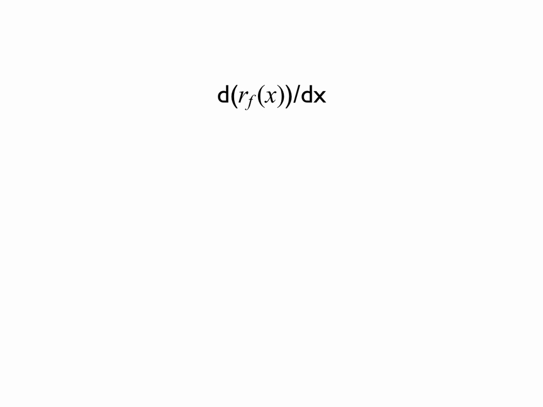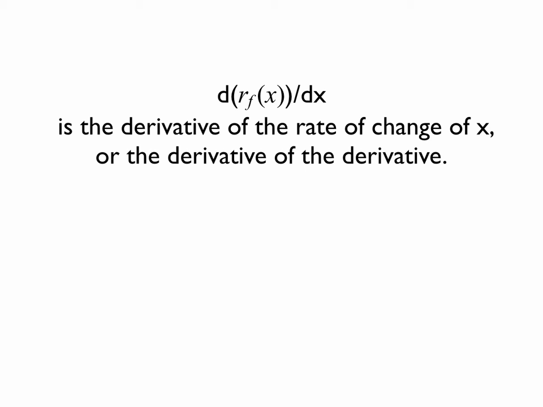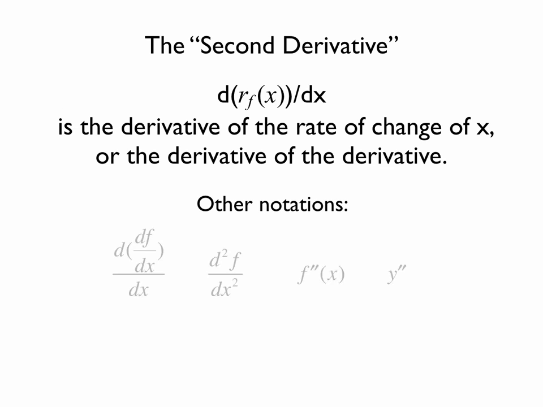The rate of change of the rate of change with respect to x is the derivative of the rate of change, or the derivative of the derivative, the second derivative. Notational devices that you'll see for this: you won't really see the first one all that often, but the next three you will see in practically any textbook you look at, okay?